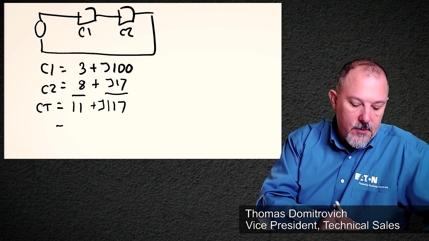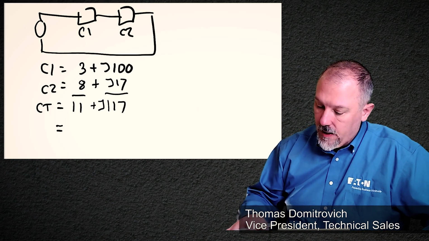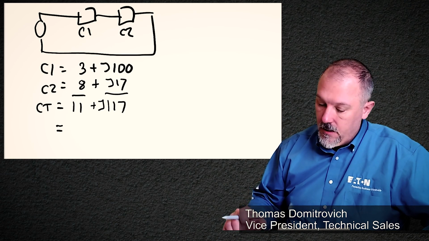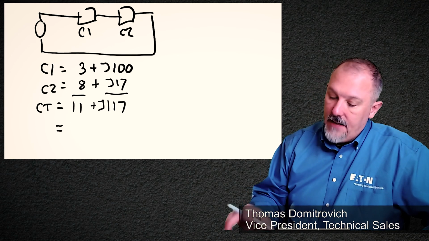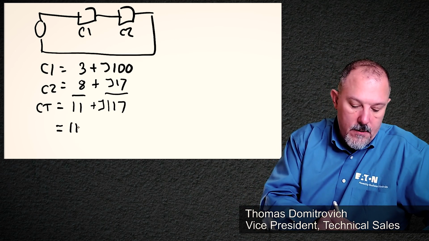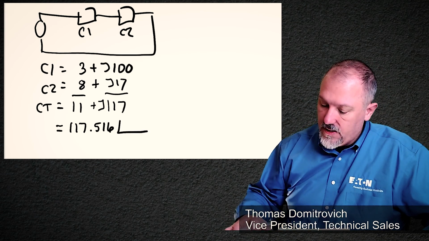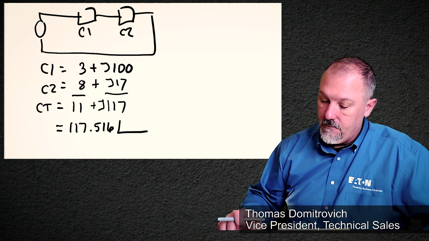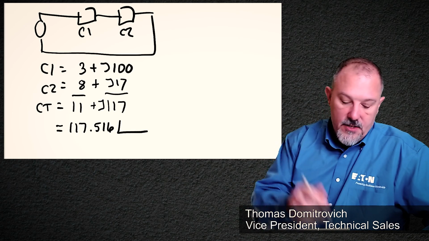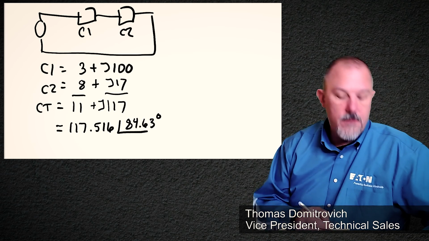Now, what is that equal to in polar coordinates? 11 squared plus 117 squared, square root, 117.516, at an angle of 117 divided by 11, inverse tangent, 84.63 degrees.